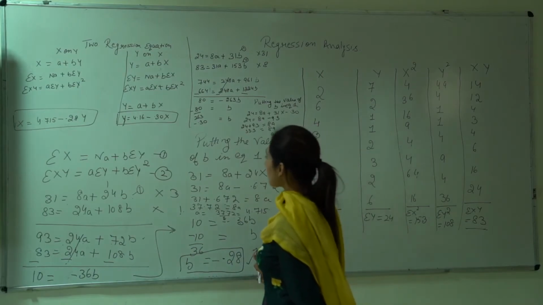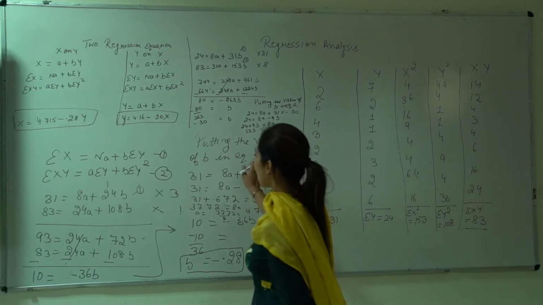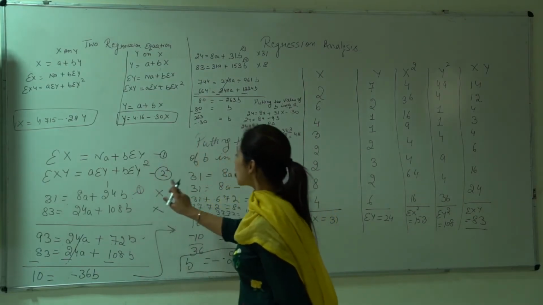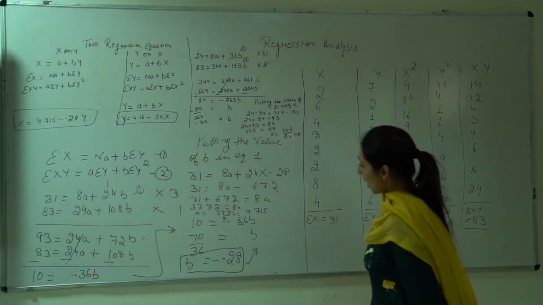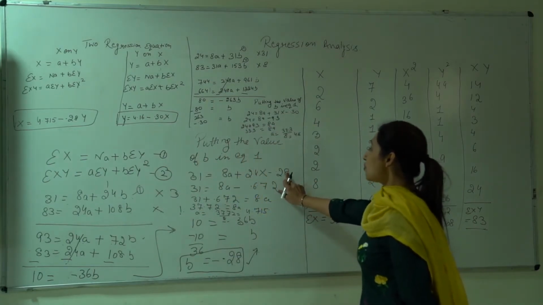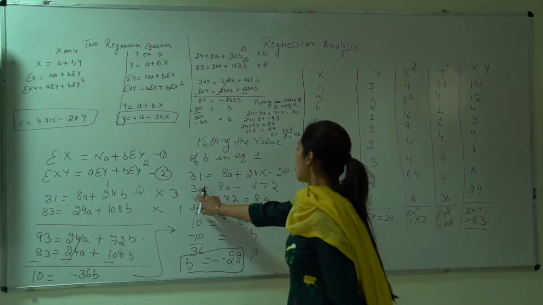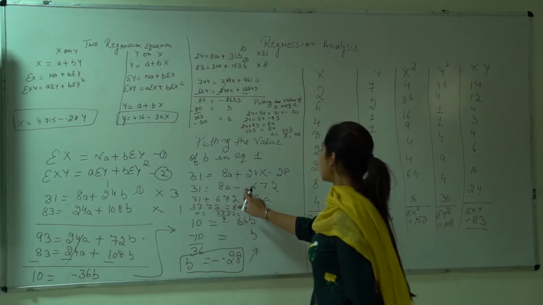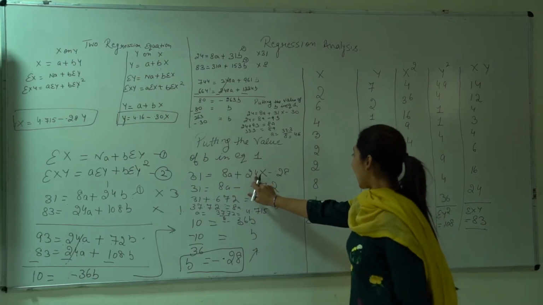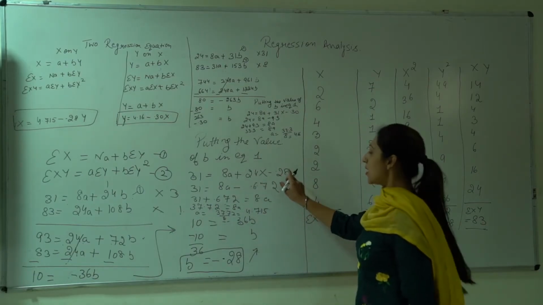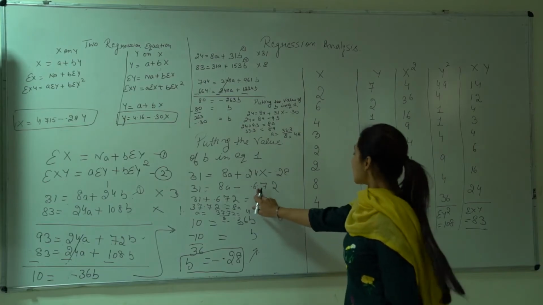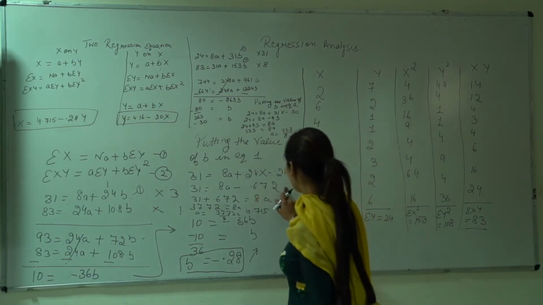Now, I will be substituting the value of b in equation 1. So, 31 is equal to 8a plus 24 into minus 0.28, that we have just calculated. So, 31 is equal to 8a minus 6.72.